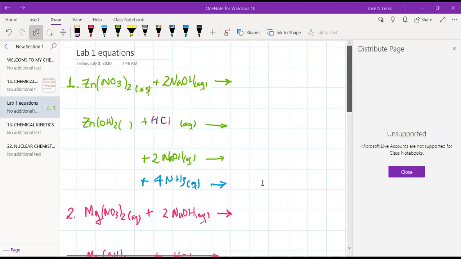These equations refer to the part where we work with complex ions. The purpose of this part of the lab is to compare the behavior of 3 metals: zinc, magnesium, and copper.